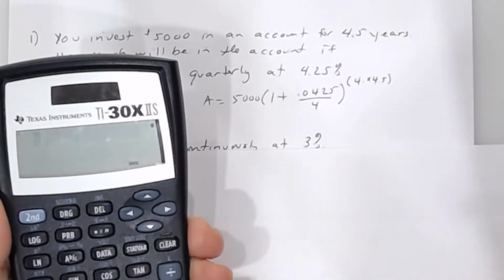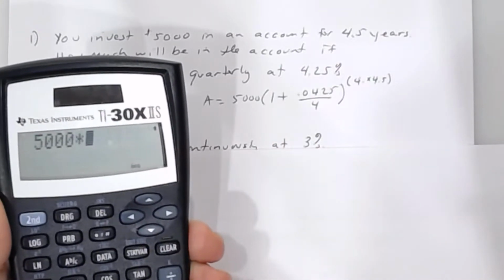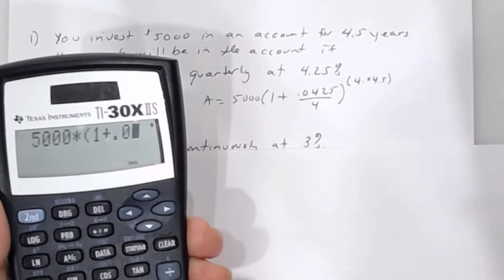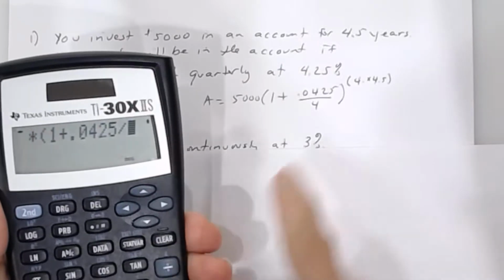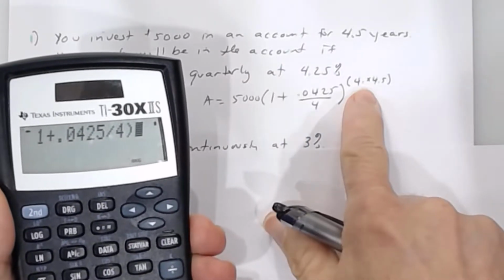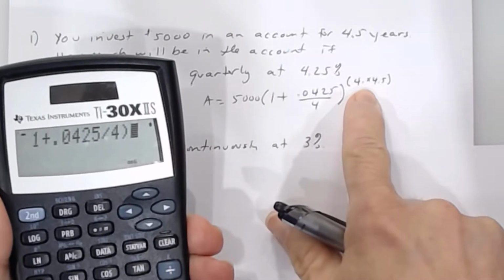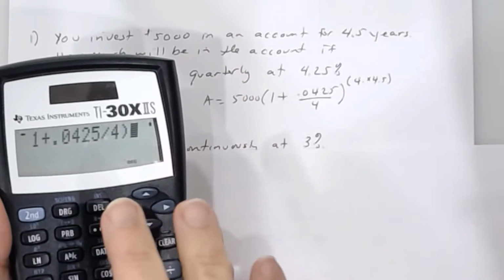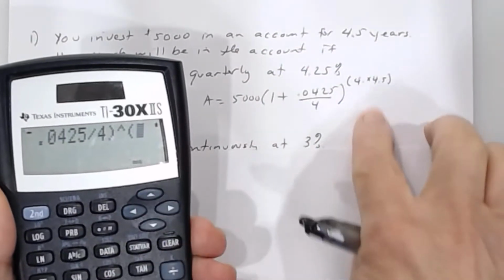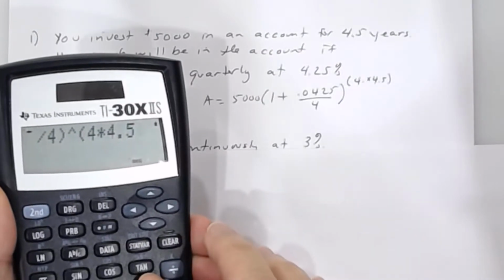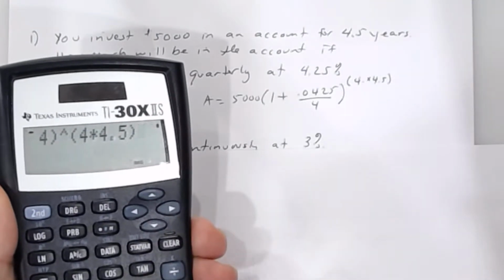So 5,000 times, in parentheses, 1 plus 0.0425 divided by 4. Close the parentheses. Now you need to put the exponent in parentheses as well, because you have to raise to the exponent. So exponent, parentheses, 4 times 4.5, close parentheses, and then press equal.